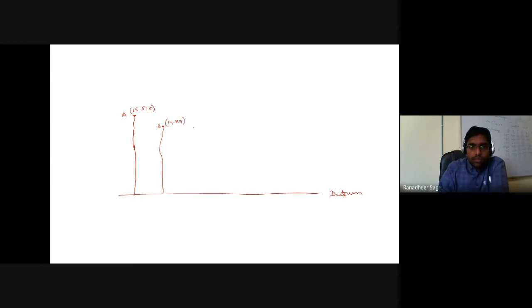Point C, 14.465. Point D, I'm just indicating these lines for your understanding; I need not be indicating them, or showing the datum also. Point D, 12.445. Point E, 10.225. Point F, 12.07. Point G, 11.32.